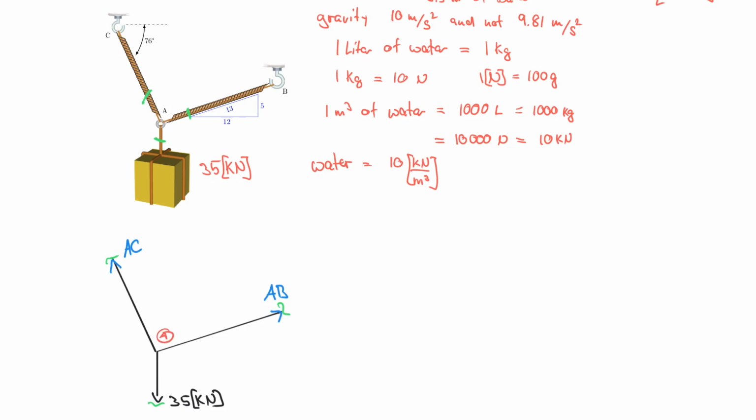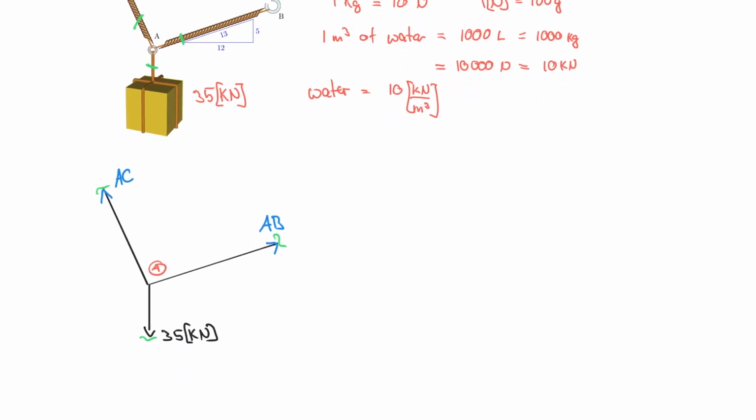So now I can use that to draw my complete free body diagram, because remember, we need to include all the important components. Let's start with the actual horizontal and vertical components. So for example, the horizontal components for both of these and the vertical component.